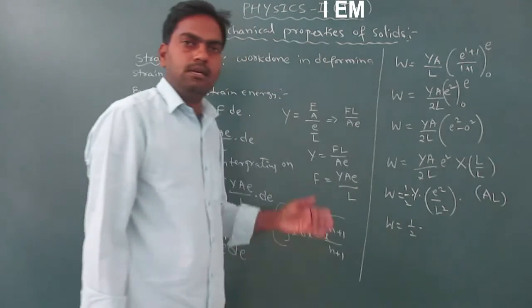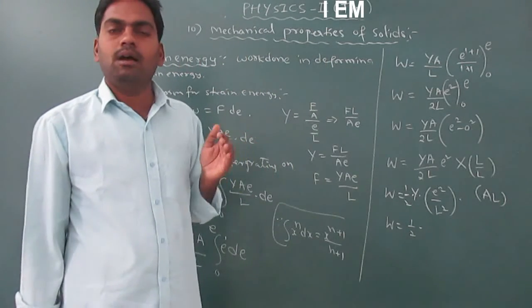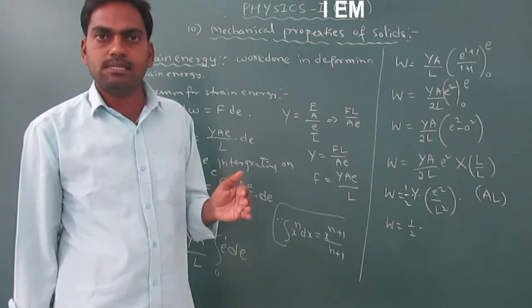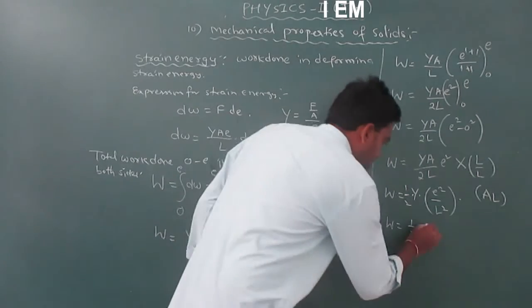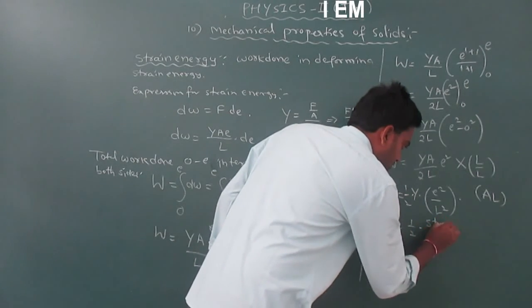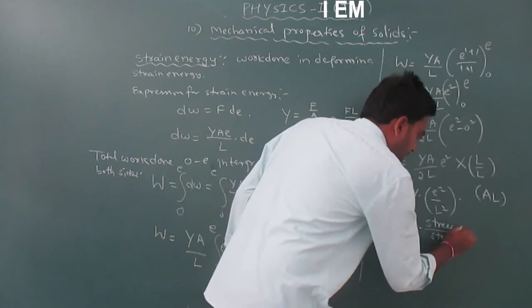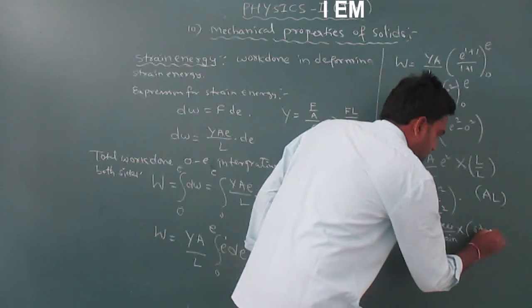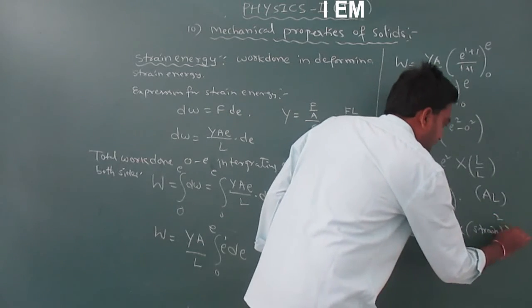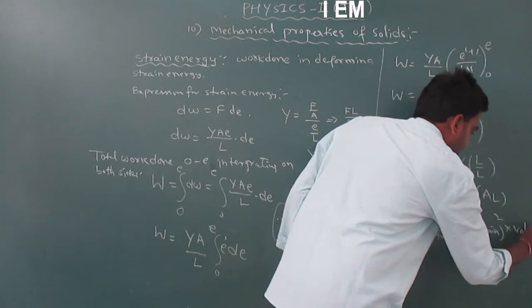What is Young's modulus? Longitudinal stress by longitudinal strain is called Young's modulus. So stress by strain into strain square into volume. Got it.